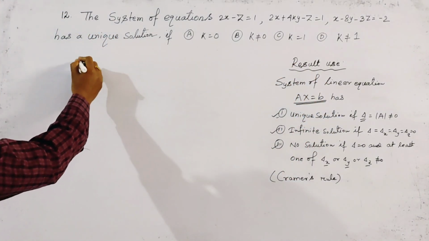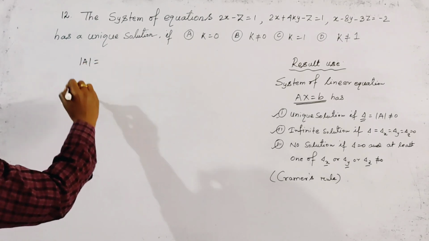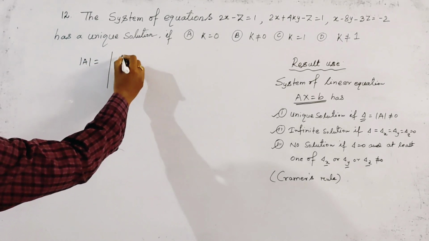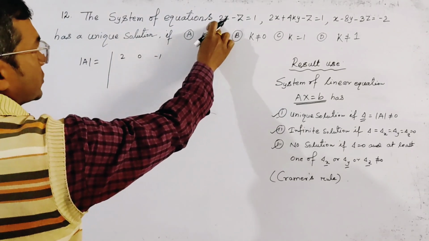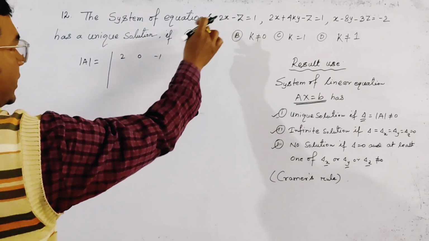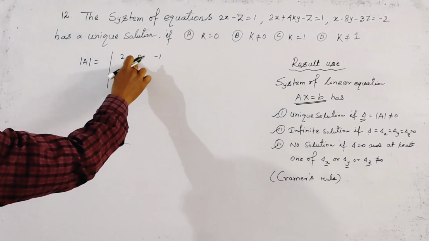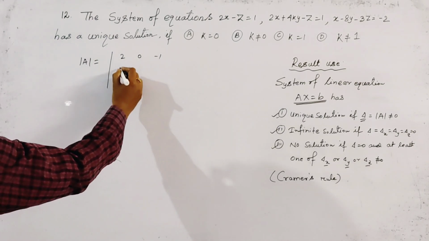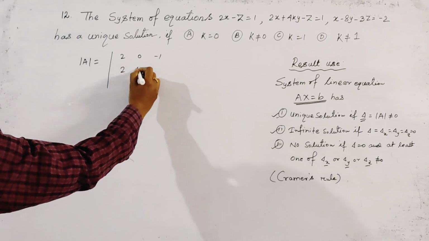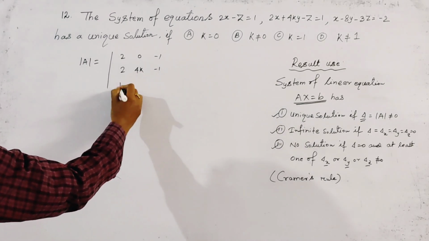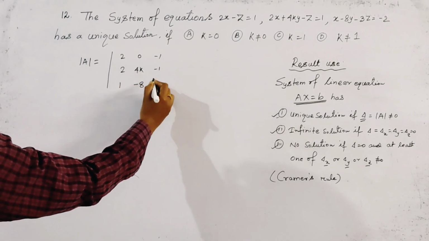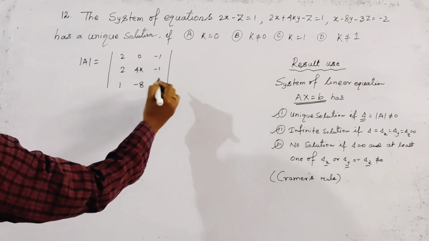We first write determinant A, that is the coefficient determinant, given by determinant 2, 0, minus 1, the coefficient of x, coefficient of y, coefficient of z. Here y is not present, so we write 0. The second row is 2, 4k and minus 1, and the third is 1, minus 8 and minus 3.